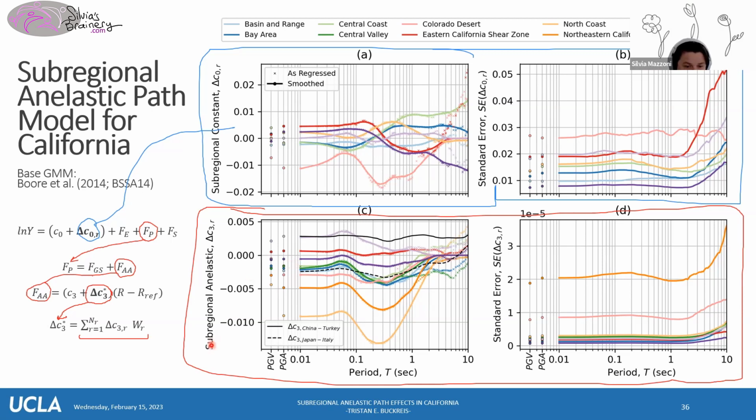And so what's the standard error? Where does that come into play? Or does it just come from the statistics in computing this coefficient? Because these are regressed coefficients. This just comes from the statistics. Exactly. It comes from the statistics to give you how confident we are of the data. And using the standard error, we can do a statistical significance test, essentially, that confirms that these values are statistically significant.